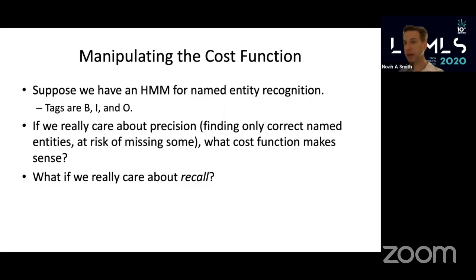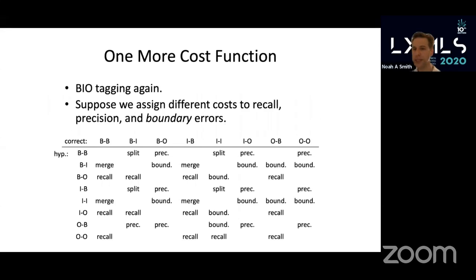And conversely, if I care more about recall, I want to find all the named entity mentions, even if I also pull in some noise, then I might choose a different cost function. So to make that concrete, suppose that we have a different cost for a recall error versus a precision error versus a boundary error, where I choose the wrong beginning or ending point for a particular named entity.